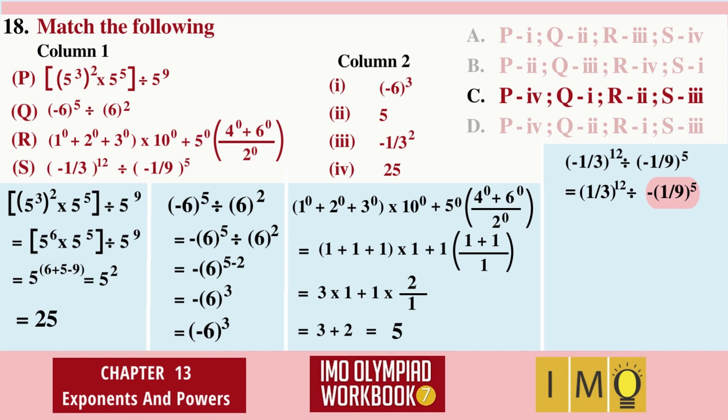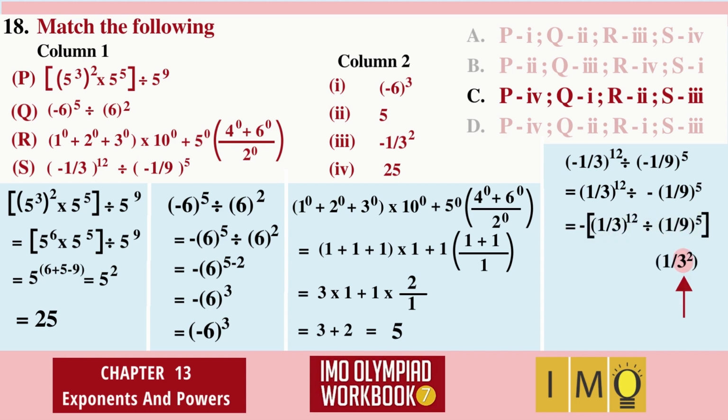To make our calculations easier, let's keep the negative sign outside our expression. What results is minus of 1 by 3 whole to the power of 12 divided by 1 by 9 whole raised to 5. Let's write the 9 as 3 square.